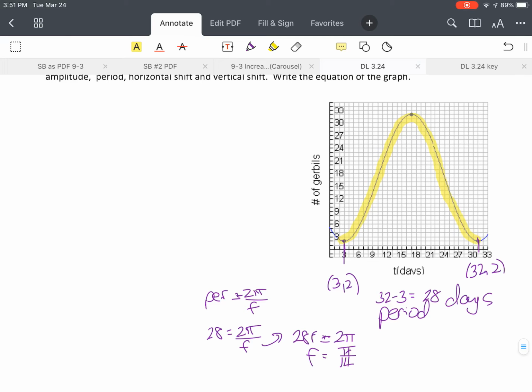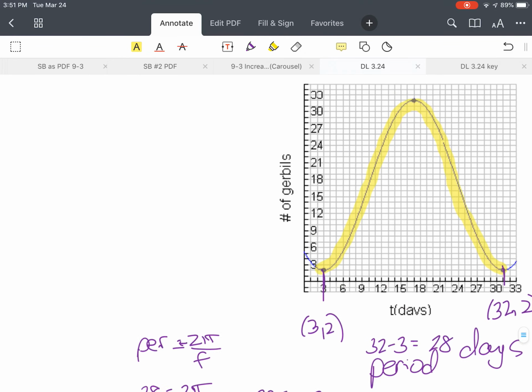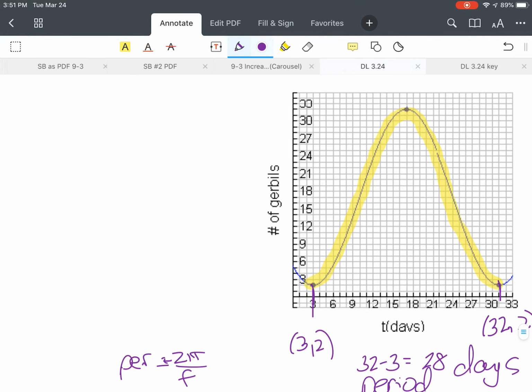So I think I would like to find the midline right now. So to find the midline, we want to find the highest y plus the lowest y divided by 2. We want to find the average. So this point here, if we kind of zoom in a little, looks like it is 17, 32.